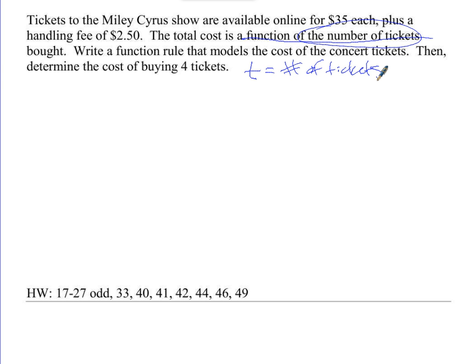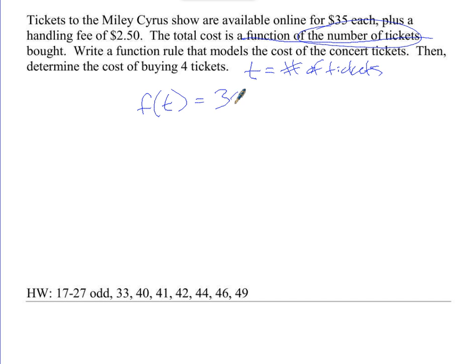So now I need to write a function in function notation. How can I do that? F of t equals, and now I write my function. It's $35 per ticket.